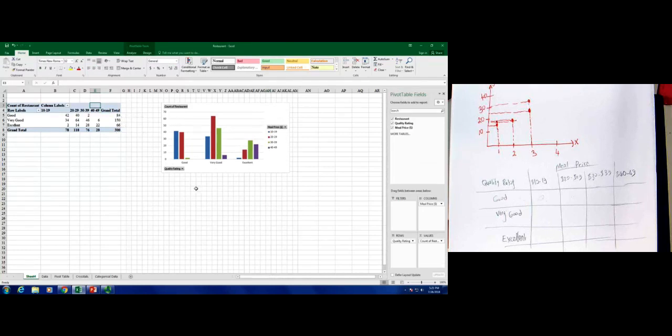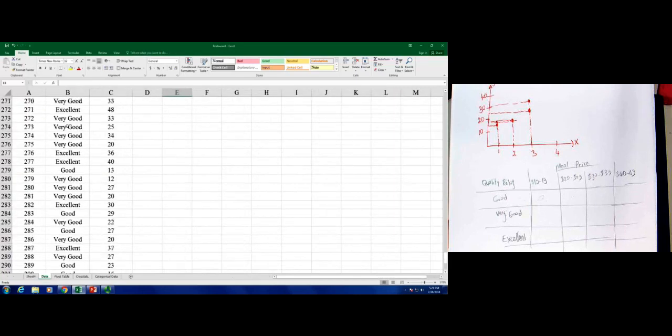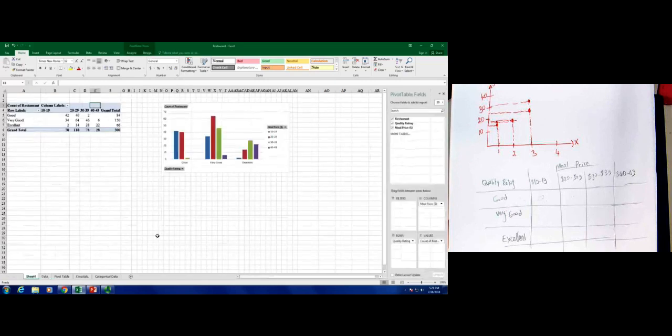So that is how to summarize the data. If you have a large amount of data like this and you wish to obtain the pivot table, you can easily use Excel to obtain the pivot table.